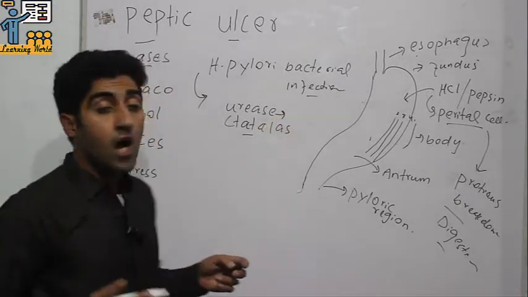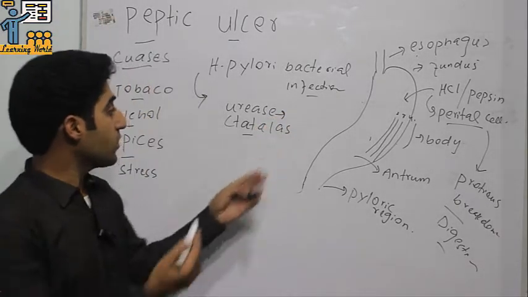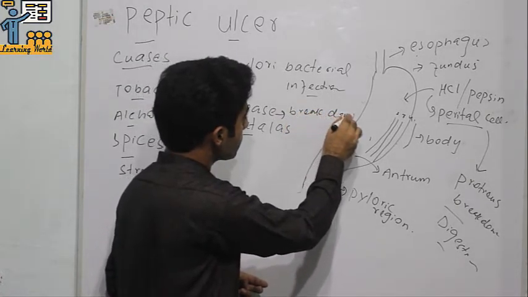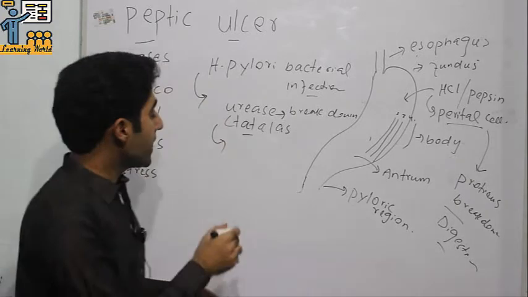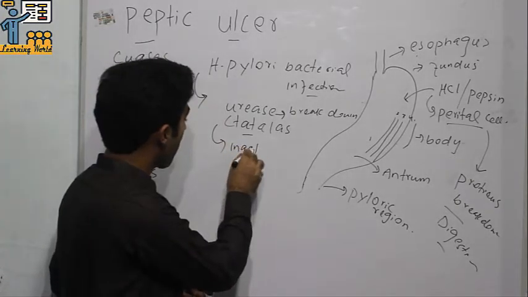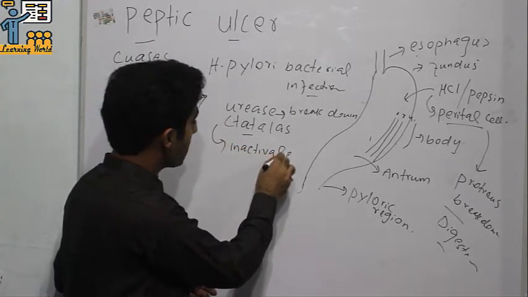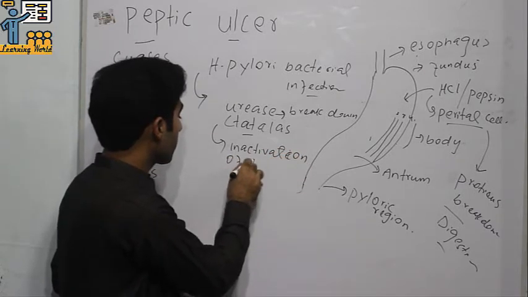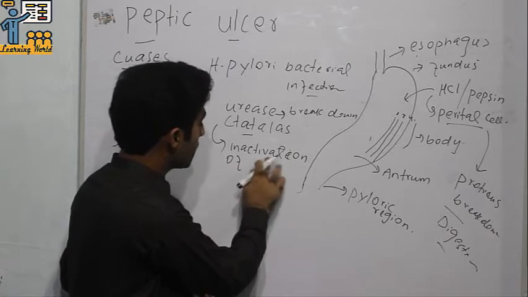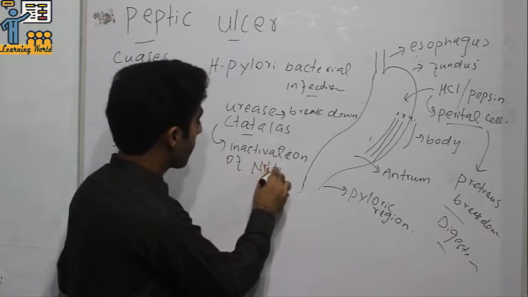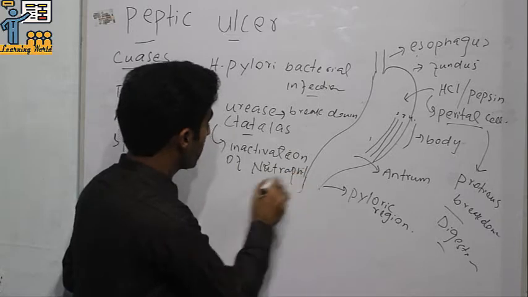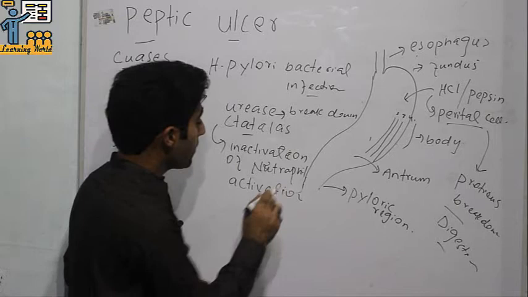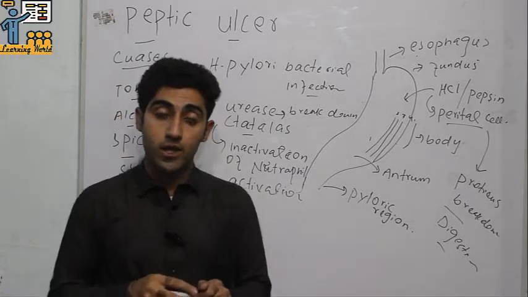Urease enzyme will break down the layer of the stomach, and catalase enzyme will inactivate neutrophil activation.